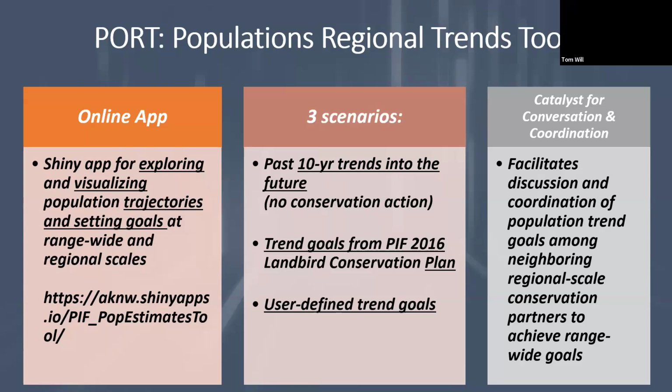They could keep the recommended trends from the Partners in Flight plan, or if those don't seem appropriate, they can enter their own goals. And so again, this can really be a catalyst for conservation and coordination. It really helps to facilitate those discussions across partners in different parts of a species range at regional scales, and helps them think about how they're collectively going to achieve what they want as a range-wide goal for a particular species.